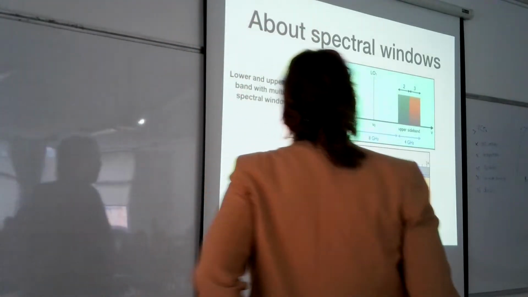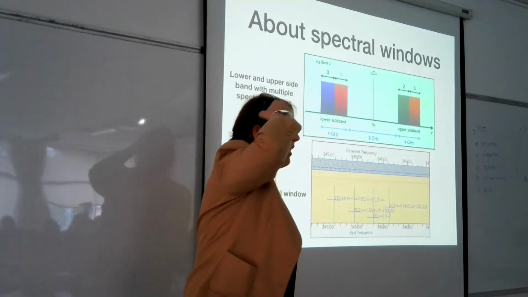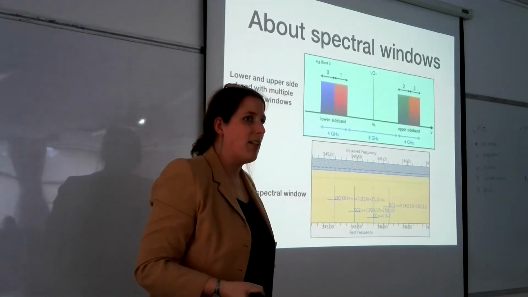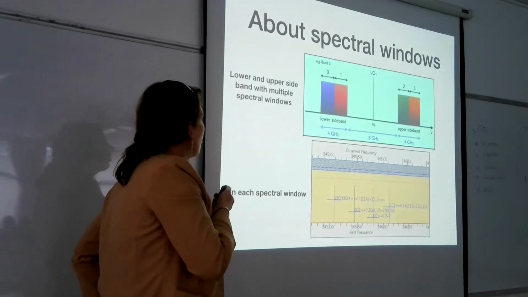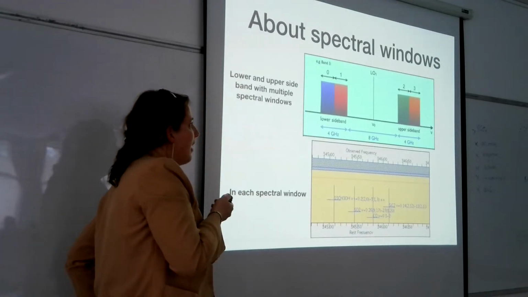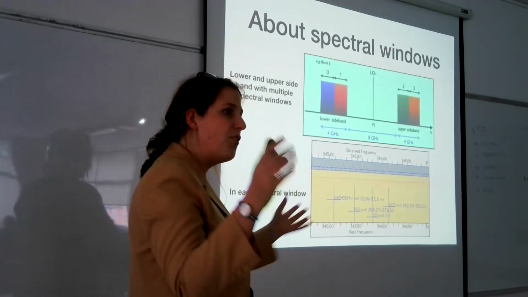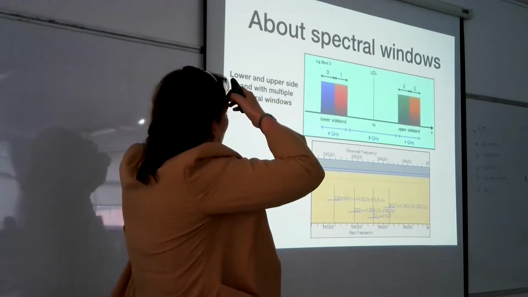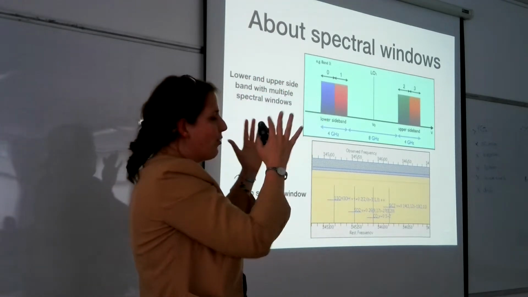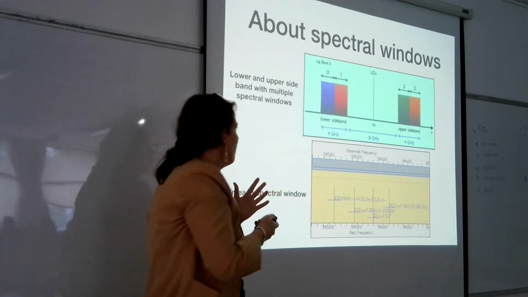Okay, then, I already mentioned that with ALMA, we're observing in the millimeter and submillimeter regime. And then you may sometimes hear these terms, lower sideband and upper sideband. This has to do with the bandwidth problem, that you have to keep pretty narrow bandwidths in order to interfere the signal with itself.